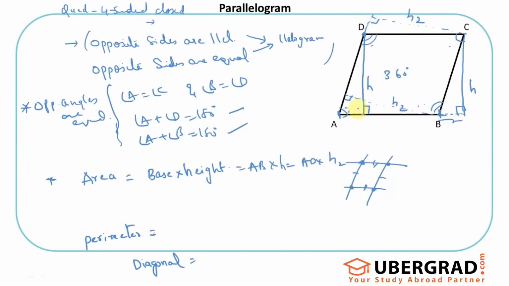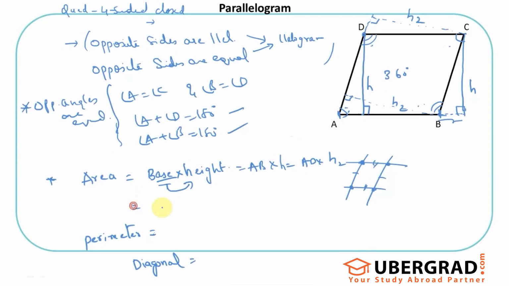So be careful: height is the perpendicular drawn to any one of the sides of the parallelogram, and that side is counted as the base. I need to maintain a perfect pair of base and height. I cannot use height H with base AD. If I use base AD, then the height has to be the perpendicular drawn to that side, that is H2 here. So that's the formula.